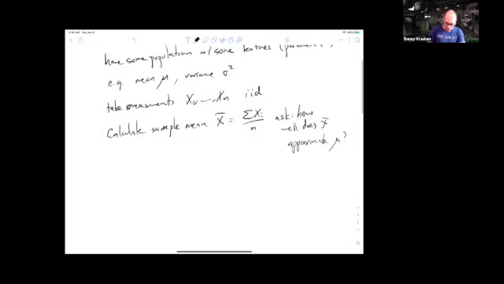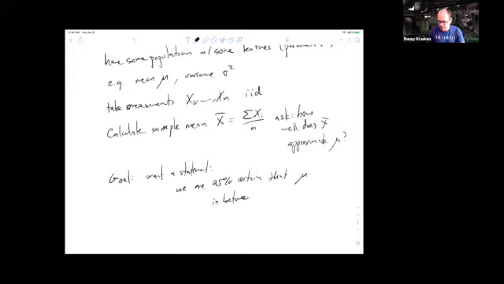The goal of such an endeavor is to come up with a statement of the form, we are 95% certain that mu is between x bar minus 3 and x bar plus 3.